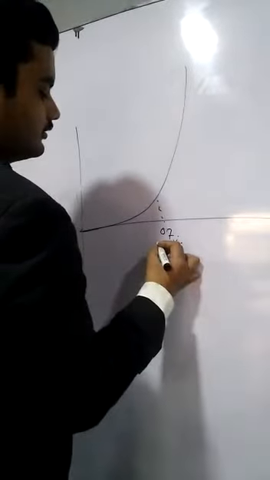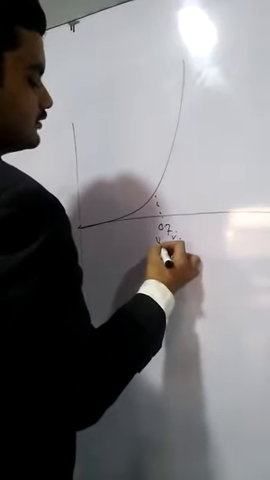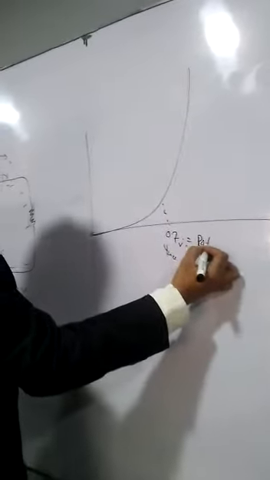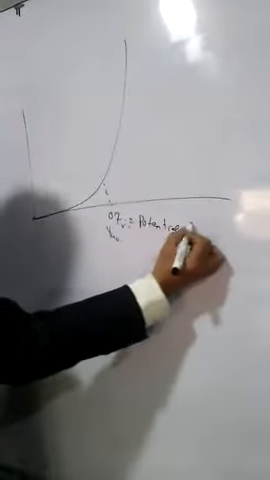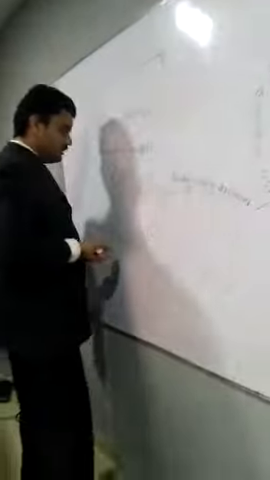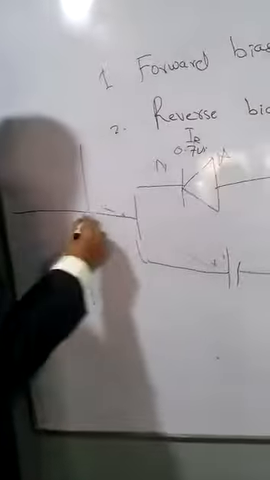That is the knee voltage, and basically it is the potential barrier, right?